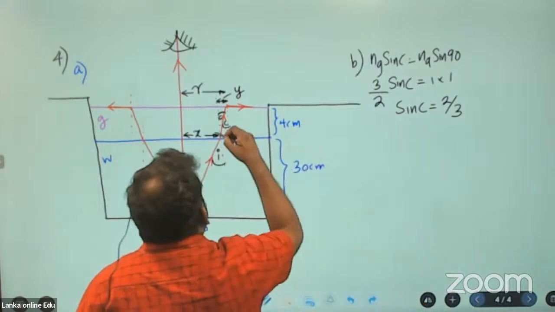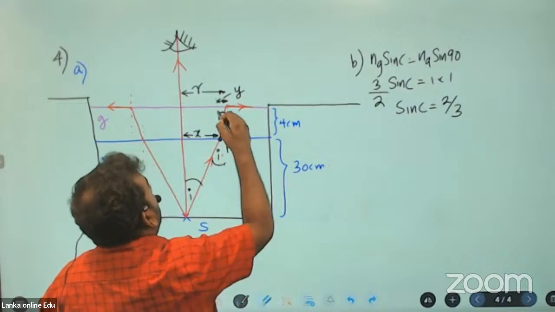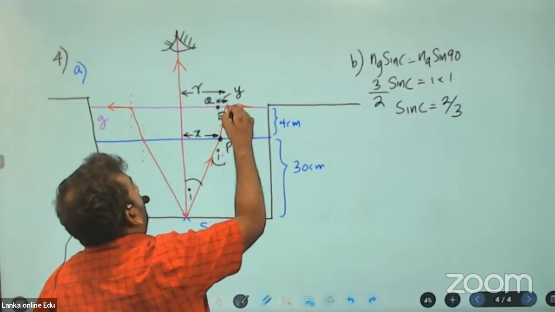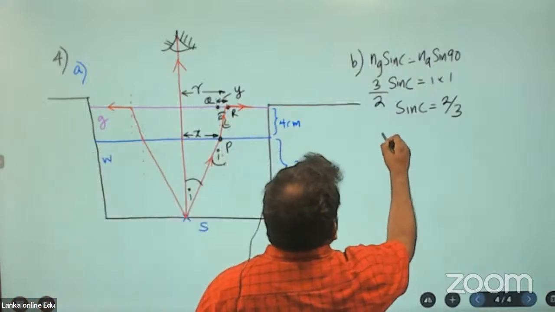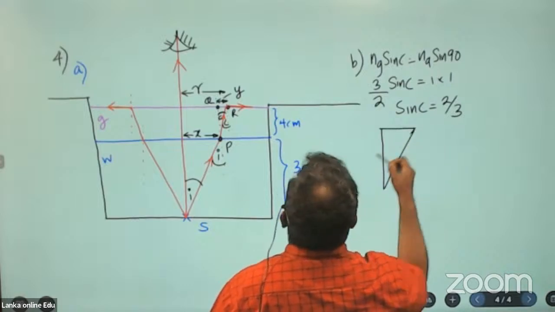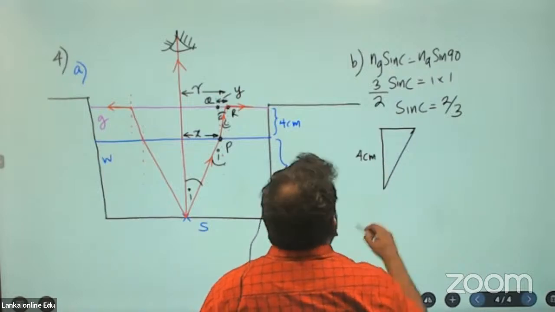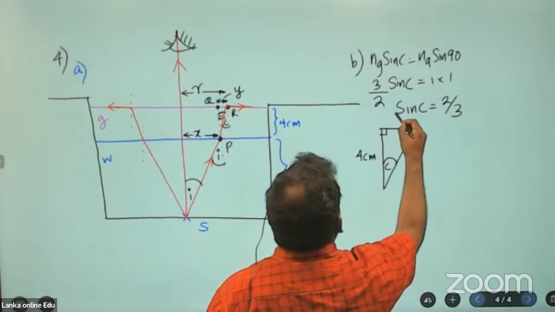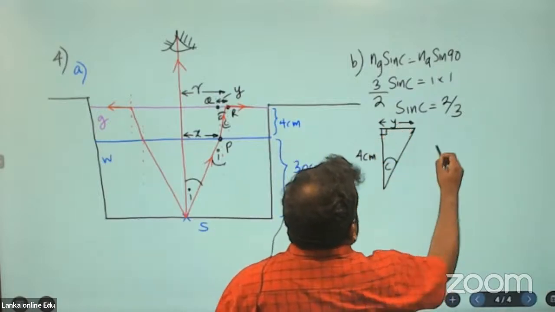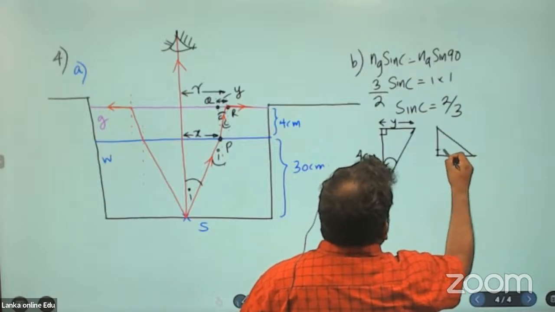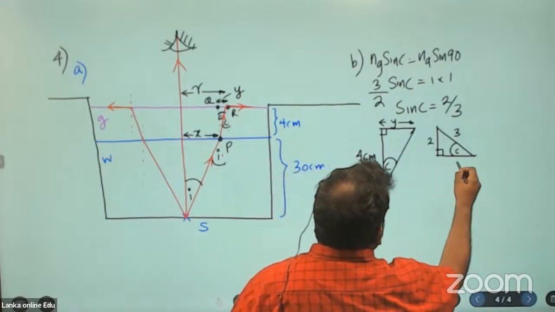Now, if you look at this point here, I'll name these S, P, Q, R. If you look at this right angle triangle here, this length is 4 centimeter. Here critical angle, here 90. This is your distance Y. We can easily say from the right angle triangle, opposite over hypotenuse, 9 minus 4 is root 5.